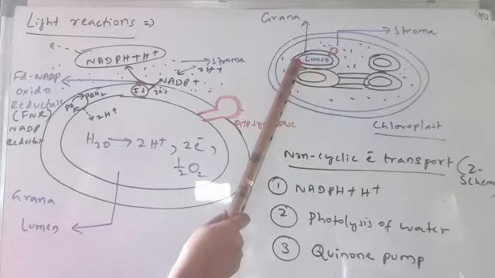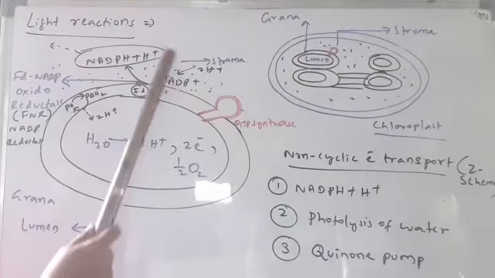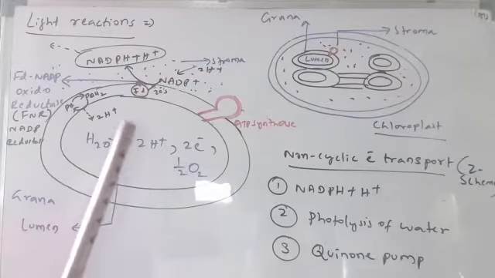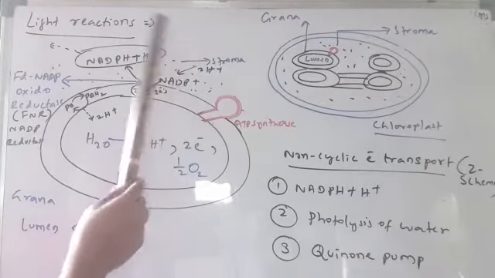I have highlighted this grana, and this is all the stroma. This region is the lumen part. Due to non-cyclic electron transport, the proton concentration has increased in the lumen and decreased in the stroma.